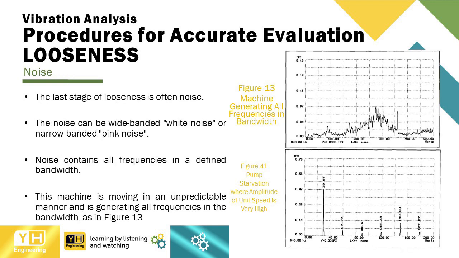Vibration analysis. Procedures for accurate evaluation. Looseness. Noise. The last stage of looseness is often noise. The noise can be wide-banded white noise or narrow-banded pink noise. Noise contains all frequencies in a defined bandwidth. This machine is moving in an unpredictable manner and is generating all frequencies in the bandwidth, as in Figure 13.